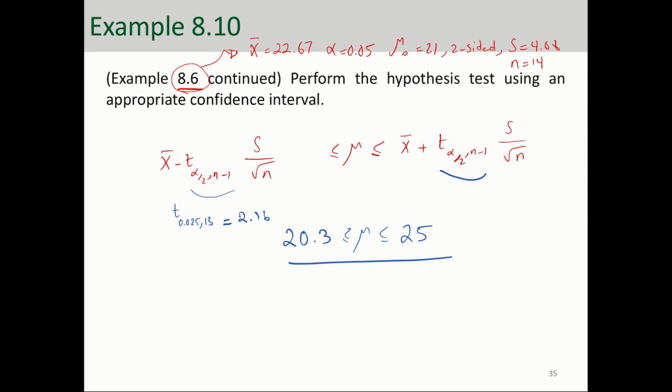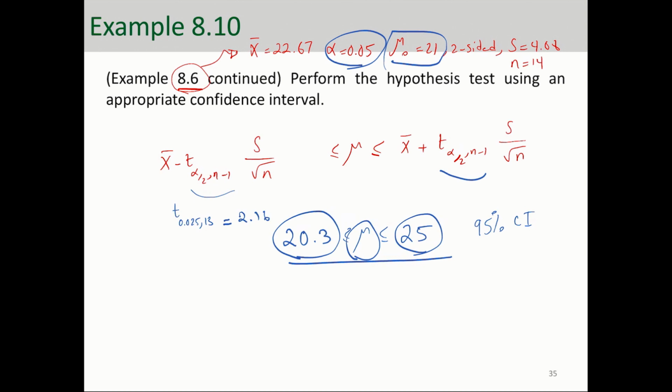Well, that means, and this is a 95% confidence interval because alpha is 0.05, that with 95% probability, the true population mean is between 20.3 and 25. Well, we were hypothesizing that the population mean is equal to 21.